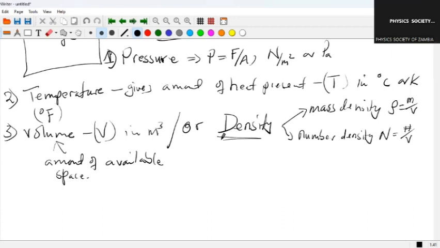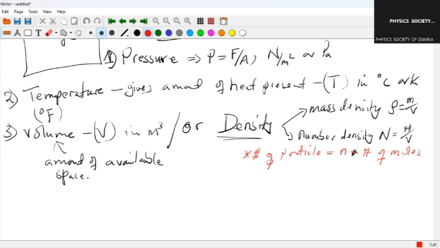Let us also take note that the number of particles will generally also be the number of moles. So for the number of particles, we like to use the small letter n, which is simply defined as the number of moles.